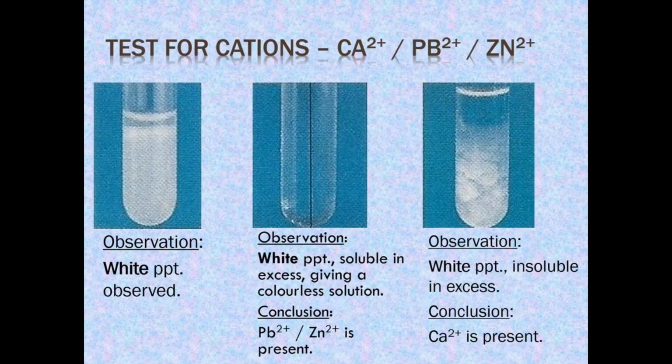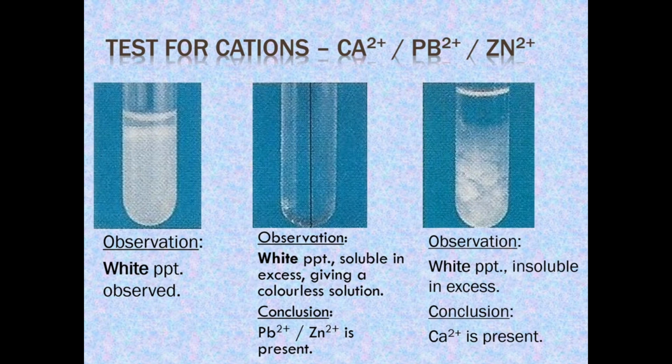Basically, if you put any of them, it gives you a white precipitate. It's automatic. Either you put calcium into sodium hydroxide, or lead, or zinc, it will give you a white precipitate. So all three of them give you a white precipitate.